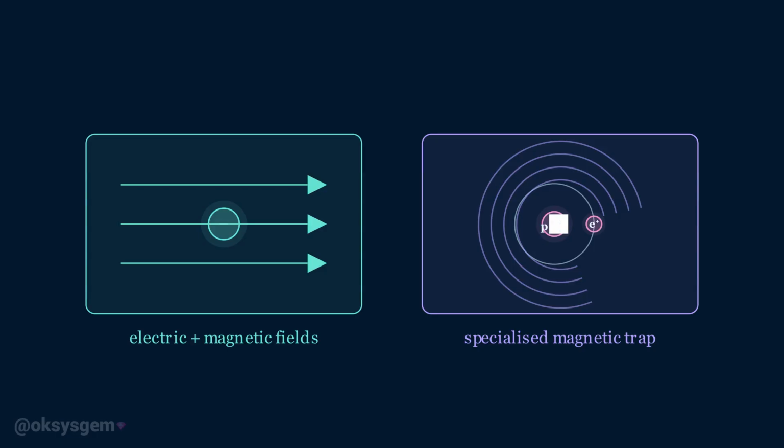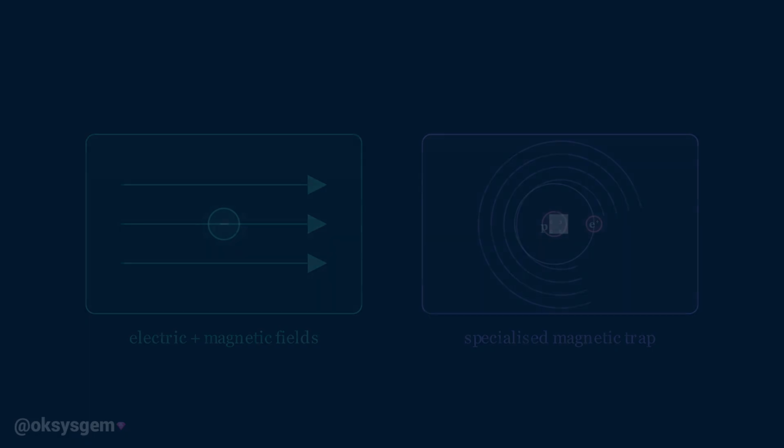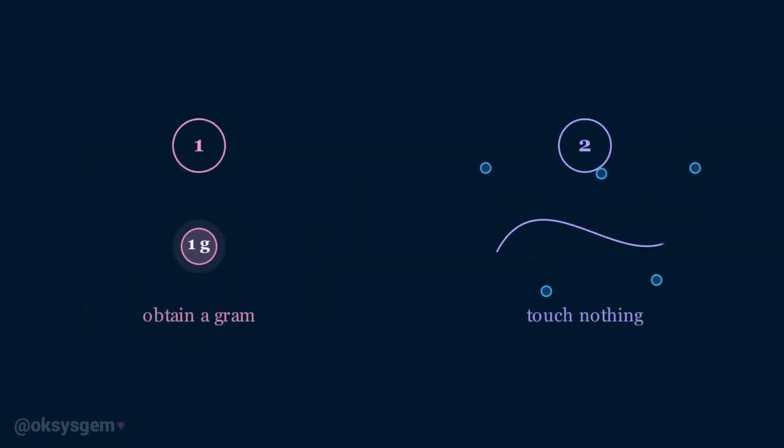But the more antimatter you want to hold, the more demanding the system becomes. 1 gram is therefore not just a slightly larger version of a laboratory sample. It is enormously beyond the quantities currently handled in antimatter experiments, so our scenario requires not one impossible step, but two. First, someone must somehow obtain an entire gram. Then they must somehow transport it through ordinary matter without allowing it to touch anything.